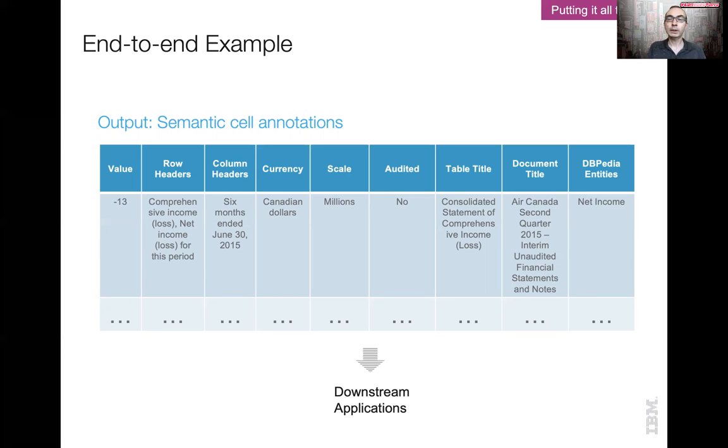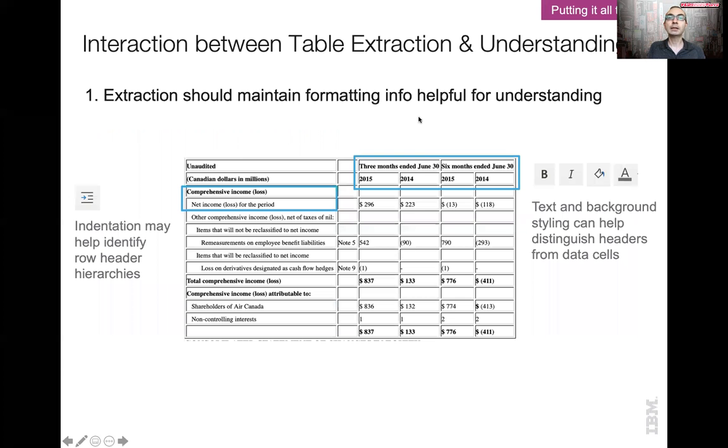But before going there, I wanted to spend a few minutes to discuss the interaction between these two components, the interaction between table extraction and understanding, as there are a few important points that can be very easily overlooked. The first one has to do with what is included or should be included in the output of table extraction.